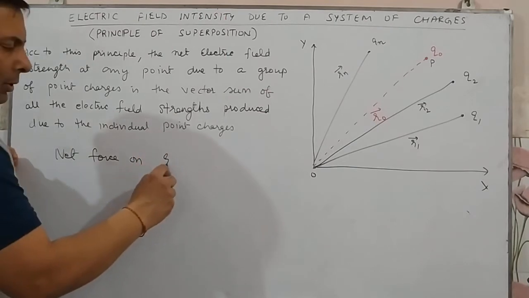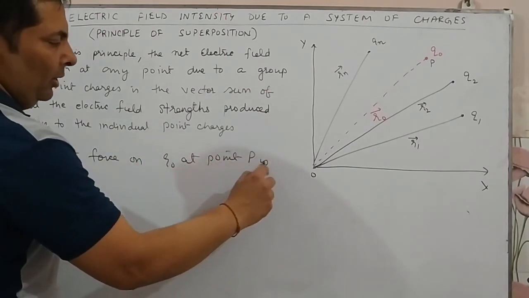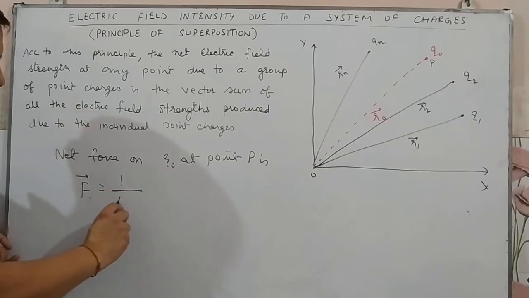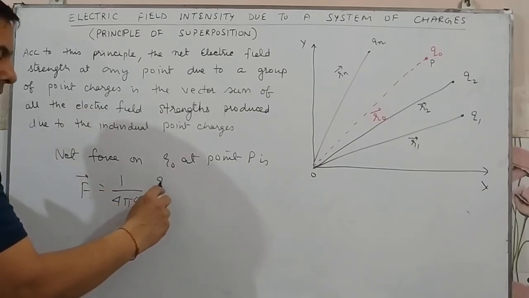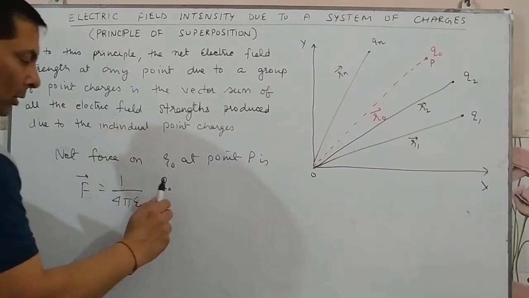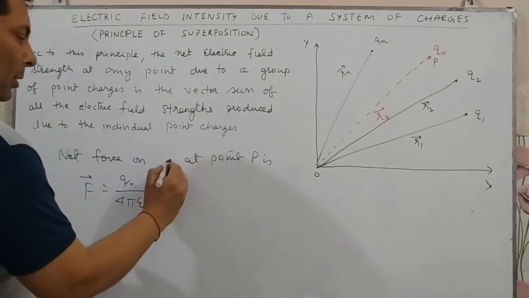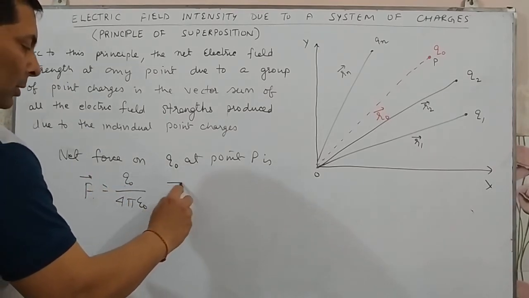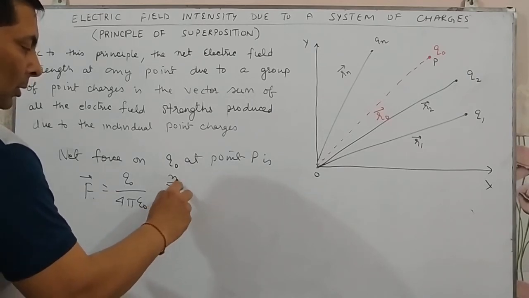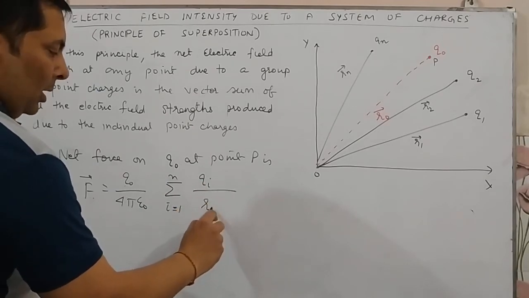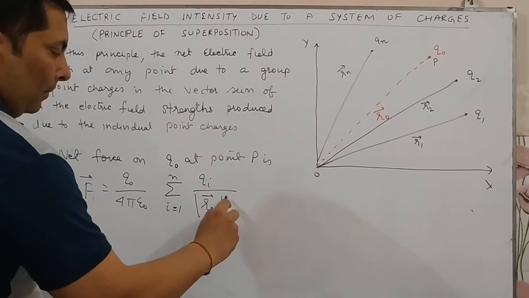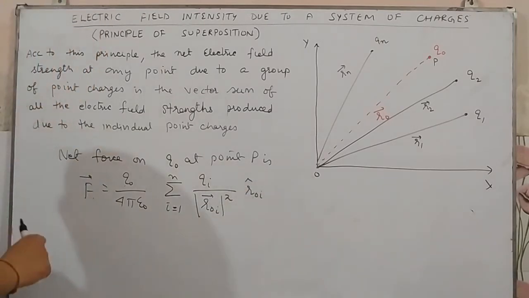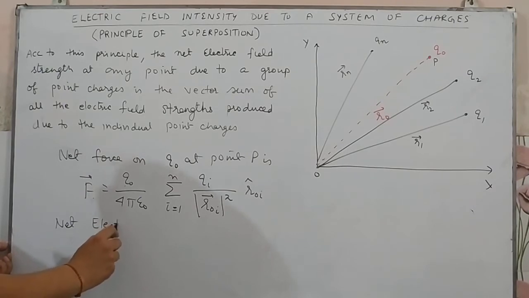I said the net force on Q naught at point P is F equals 1 upon 4 pi epsilon naught, Q naught, summation i equal to 1 to n, Q i upon R O i square, R O i vector.